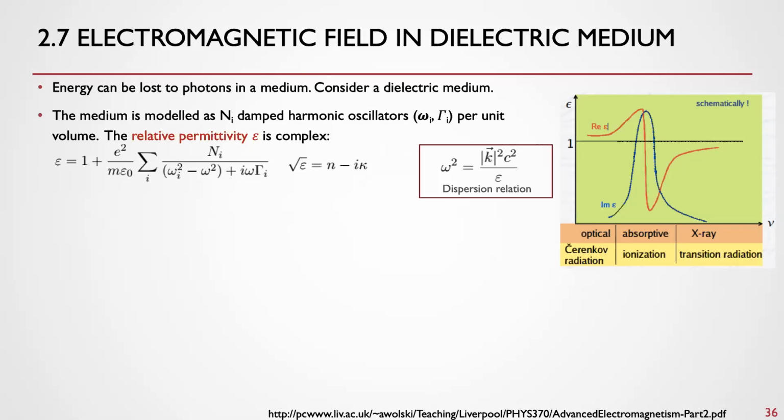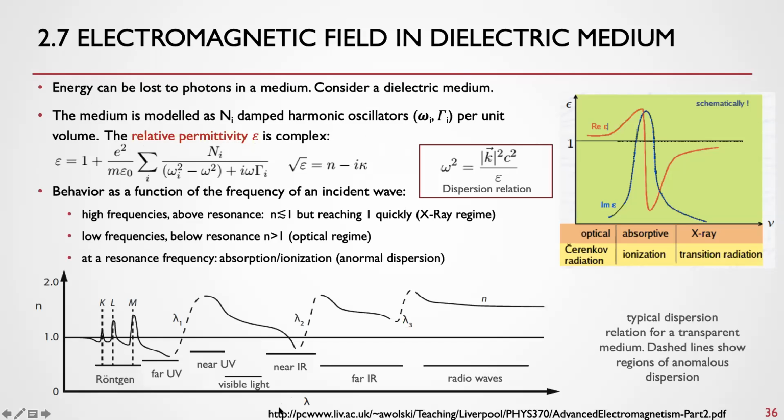So far we've studied ionization and Bremsstrahlung. Now we study the energy loss that comes from the emission of photons and the electromagnetic interaction inside a medium.